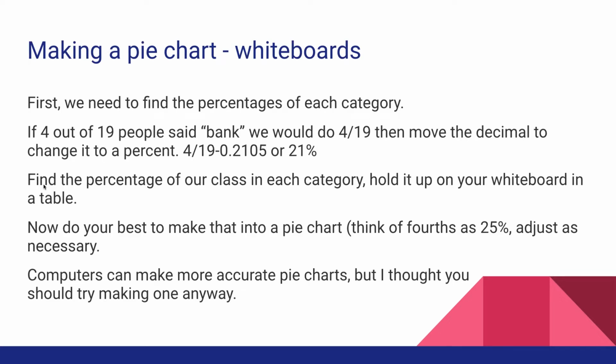Well, so for the pie chart, it's important for you to know how we get those percentages for each category, all right? The computer is going to do that for you, but it's good for you to know where those percentages come from.